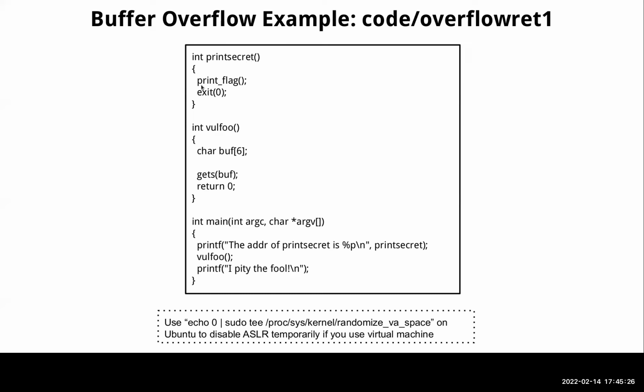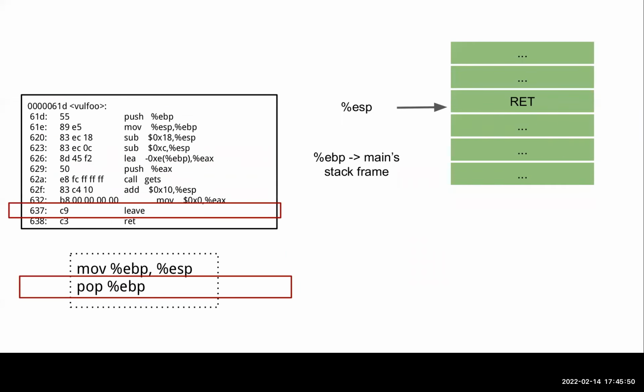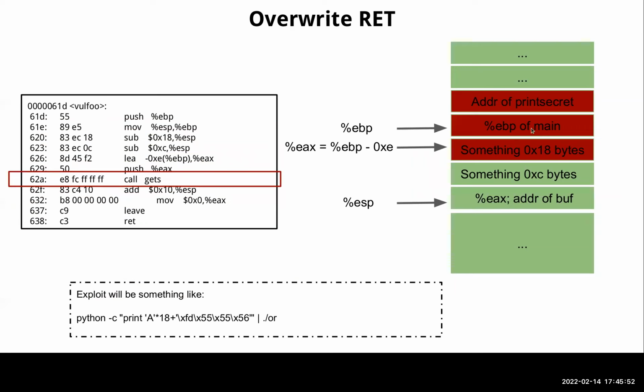However, when you call print flag directly, the function eventually returns. And the return relies on what? It relies on the data on the stack, on that saved EBP. When we do that overflow, we did overflow the saved EBP address, which is supposed to point to the main function's stack frame, but now it points to somewhere else.